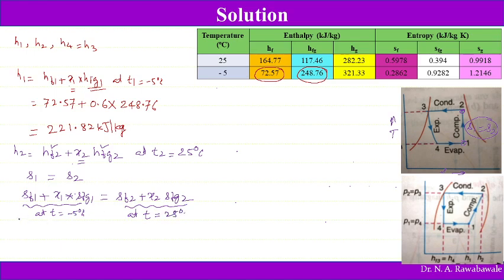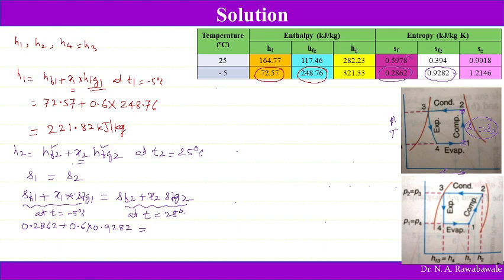SF1, if we take from this table, is 0.2862 plus X1, which is given in the problem as 0.6, times SFG1, which is 0.9282, which is equal to SF2.